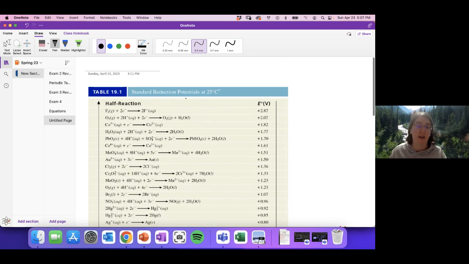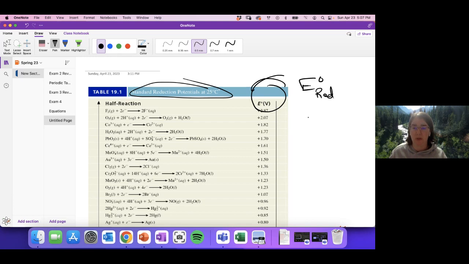Back, I don't remember now when, the question was something about the standard reduction potential, and the comment was basically everything on the table, all of these, no matter what, are reduction potentials.